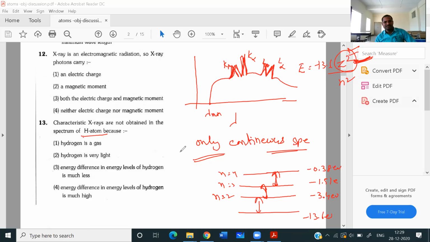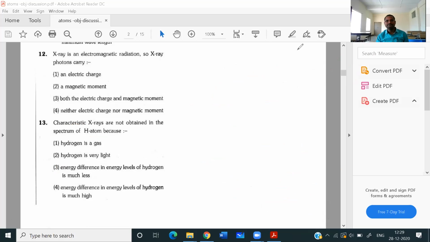Got it, students? Option 3. Energy difference in energy levels of hydrogen is much less. This is the reason why we will not get a characteristic X-ray spectrum in hydrogen. Clear? So the 13th question, option 3 is the right answer.